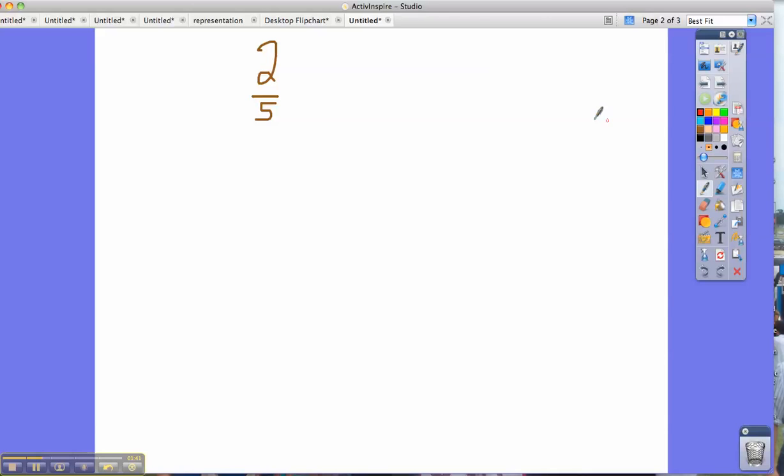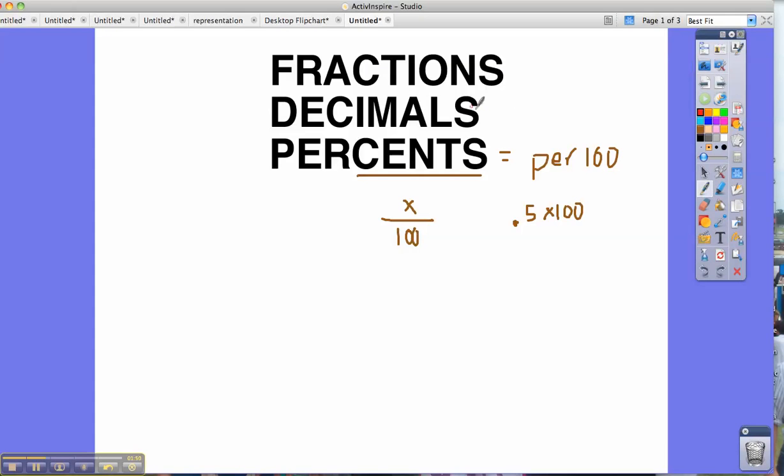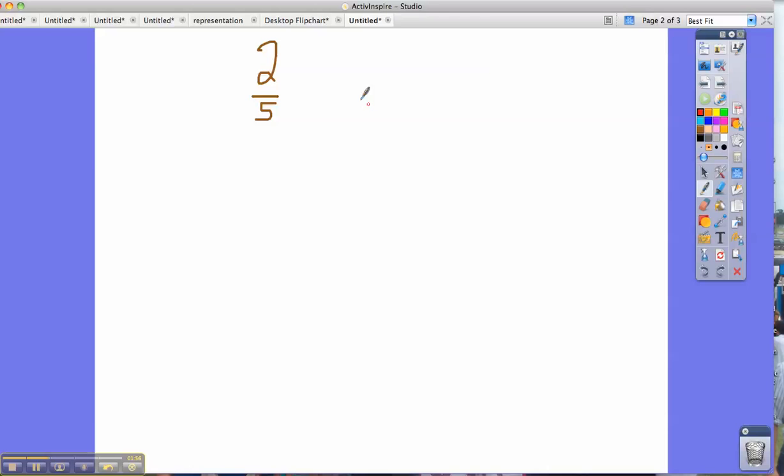We're going to start with just looking at this fraction, 2/5. So 2/5, how do we change a fraction into a percent? We said that if we wanted to change a fraction directly into a percent, we just need to find out how much it is per 100. So that's just like the ratios and the proportions that we just finished learning about. 2/5, we want to change it to something out of 100, because percent means per 100. So we want to find what is x per 100.